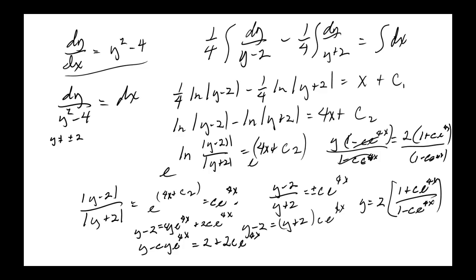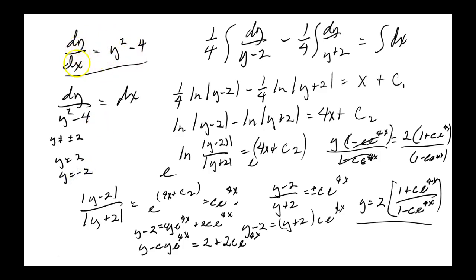The solution y is equal to 2 is a member of the family defined by this. However, y is equal to minus 2 is a singular solution. It cannot be obtained from this.